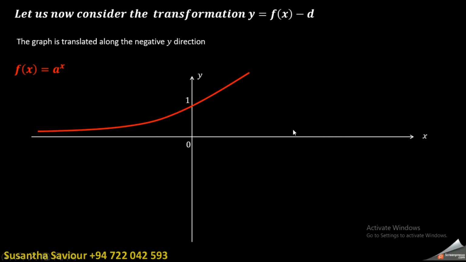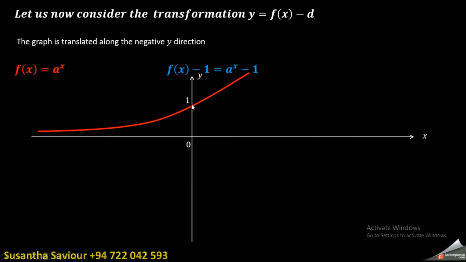Now, we will look at a few transformations of this type for this function. Let's look at f(x) minus 1, that means a to the power x, minus 1. So this graph will move down by 1 point.